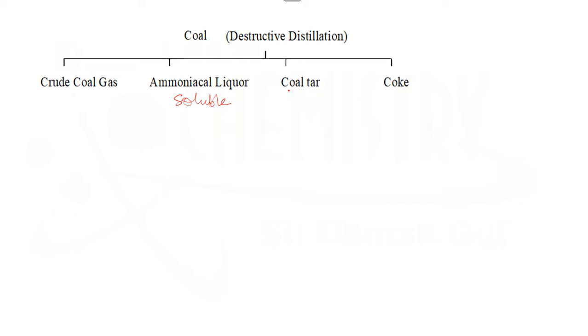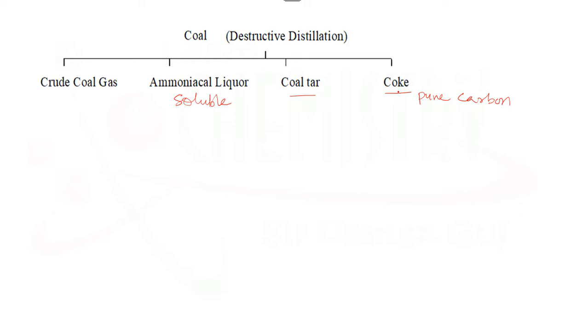The second part, which is not soluble in that water and is very dense, we call coal tar. And the residue left inside the tube is called coke, and we also call this coke pure carbon, because after the removal of all the impurities in the form of vapor, the pure carbon is left in the coal, and we call this pure carbon coke.